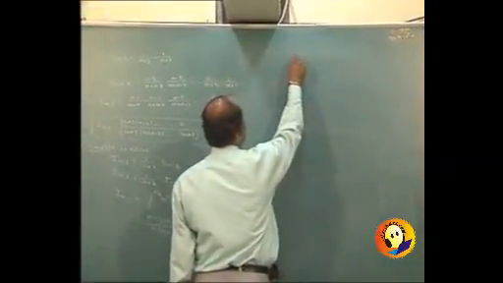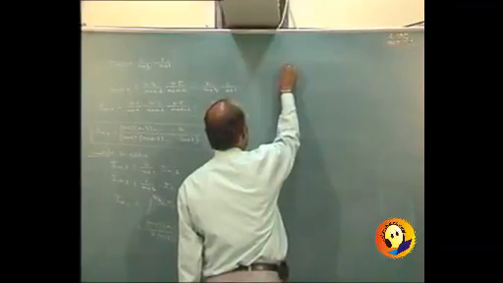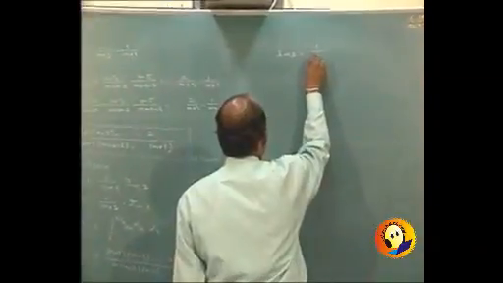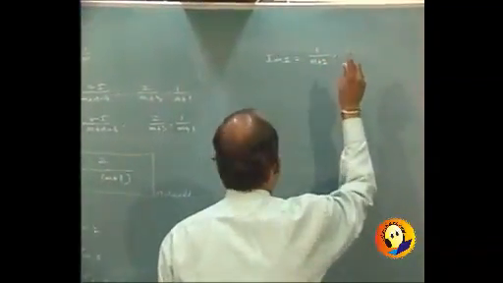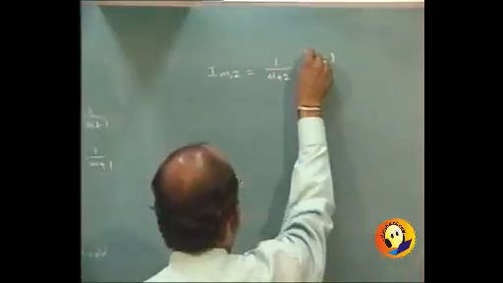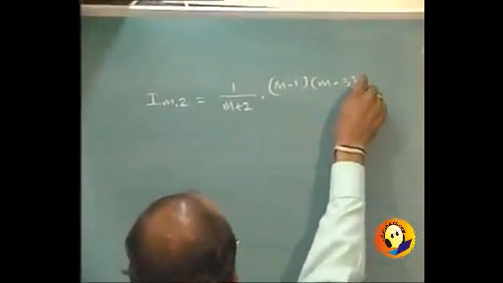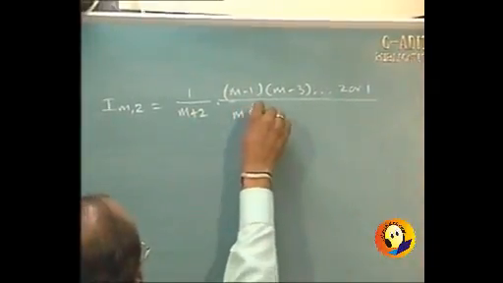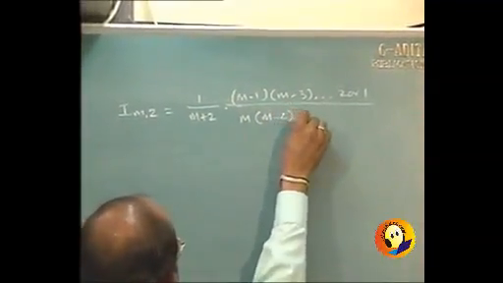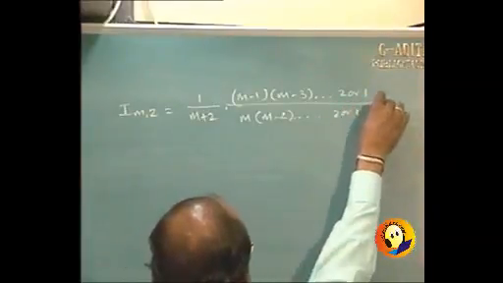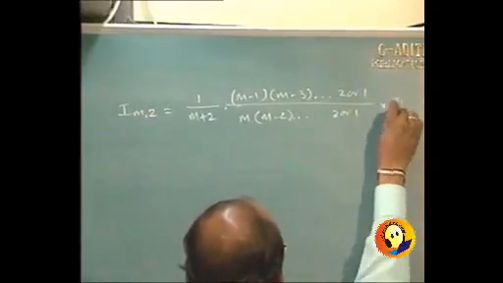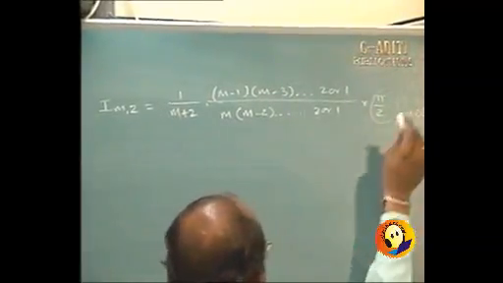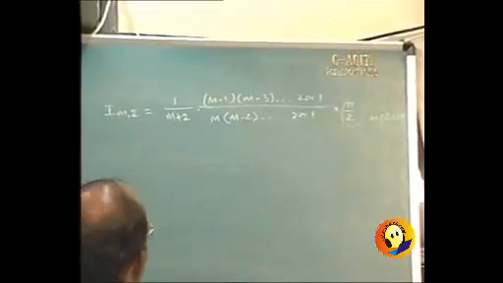So back substitution will result in Im2 to be equal to 1 upon m plus 2 into m minus 1 into m minus 3 up to 2 or 1, divided by m into m minus 2 etc. up to 2 or 1, and this is multiplied by pi by 2 if m is even, and we are under the case that n is odd.